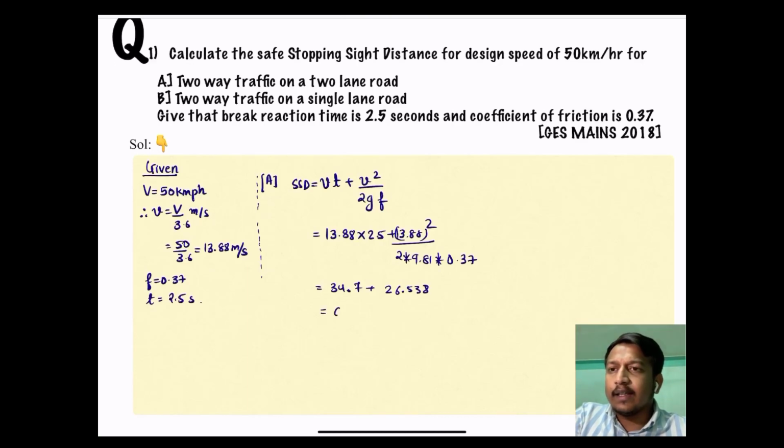If you add it, 34.7 plus 26.538, this value is 61.238 meter. So first is this.